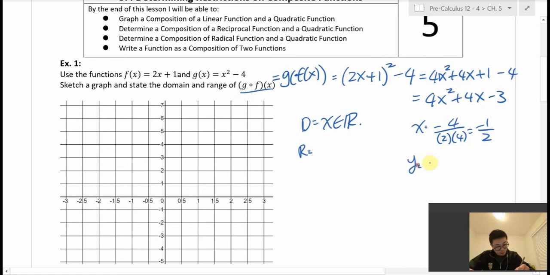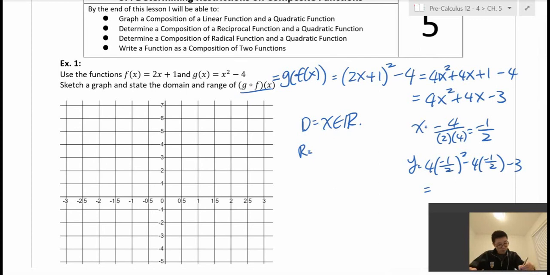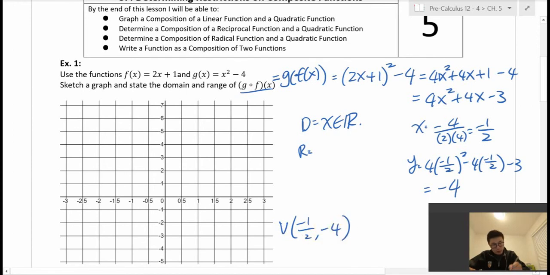For the y value, you simply plug in negative 1/2 into x, and the y value that you get is the y value for the vertex, and I believe it is negative 4. Okay, I worked it out earlier. Okay, so your vertex is going to be at negative 1/2, comma negative 4. This is a parabola opened up because the leading coefficient is positive. Therefore, we have a minimum. So the range is going to be y is greater than or equal to negative 4.